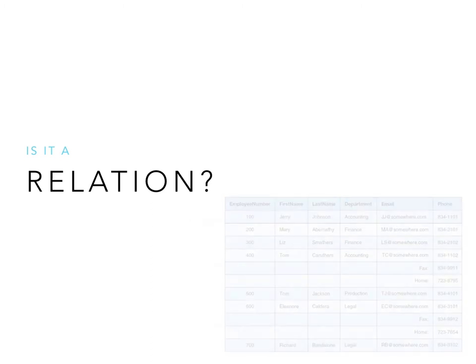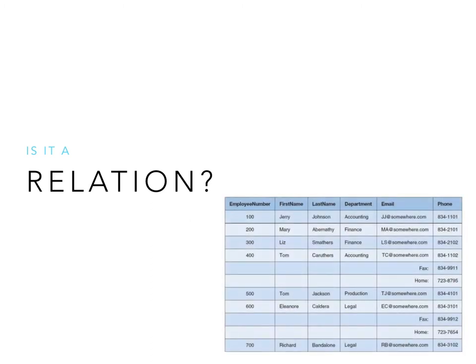Next. Is it a relation? Somebody besides Jason, what do you think? Seeing some no nods. What's the problem? The fax and home rows contain a different kind of data than email. Another way of looking at this is if the rows were moved around, we would lose that structure, right?